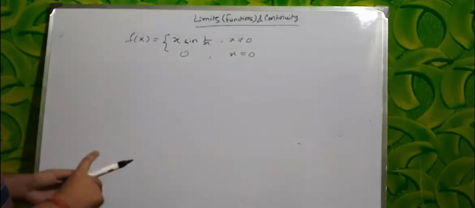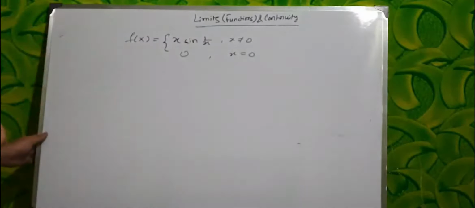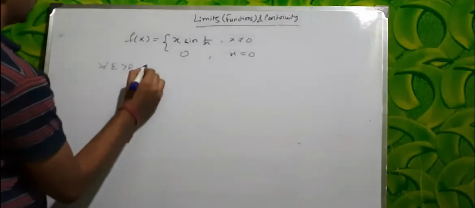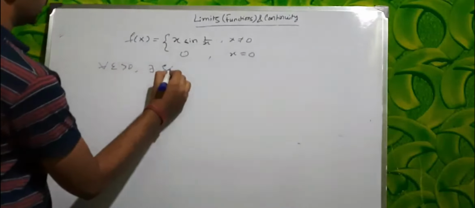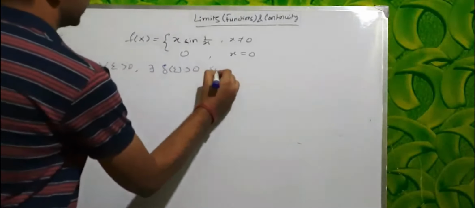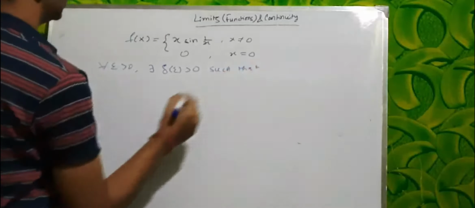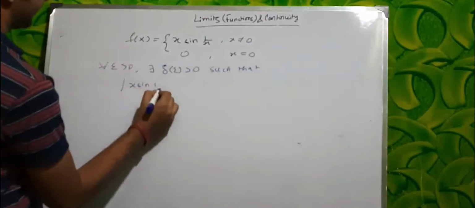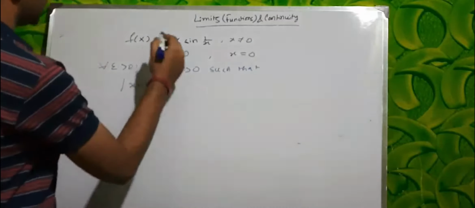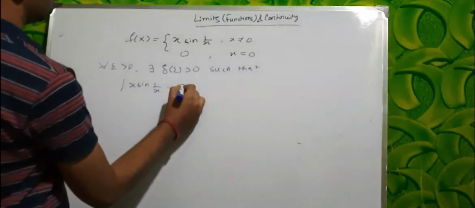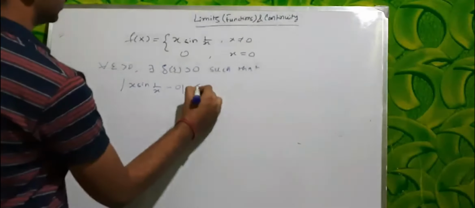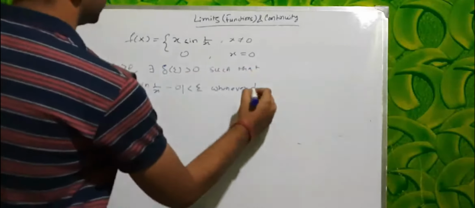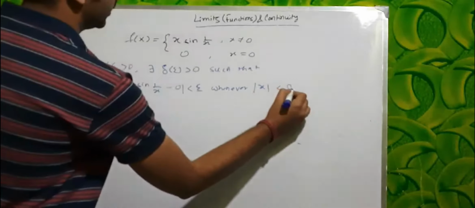Okay, so now we are going to the epsilon delta definition. By that definition, we can say for all epsilon greater than 0, there exists delta positive such that, what is f of x here? f of x is x sine 1 by x, minus f of 0, that is 0, absolute value is less than epsilon, whenever x minus 0, that is mod of x, is less than delta.